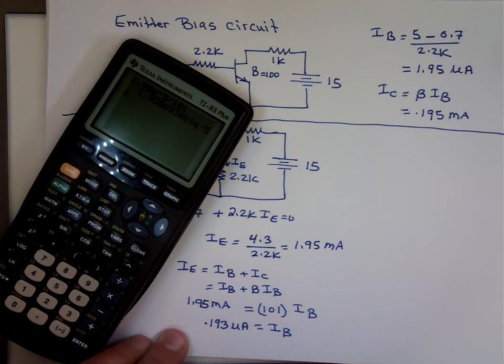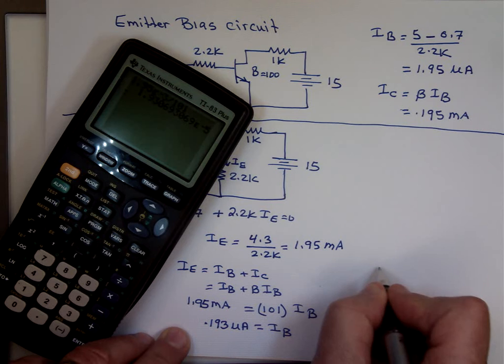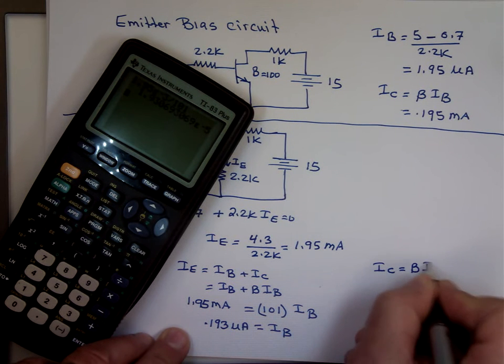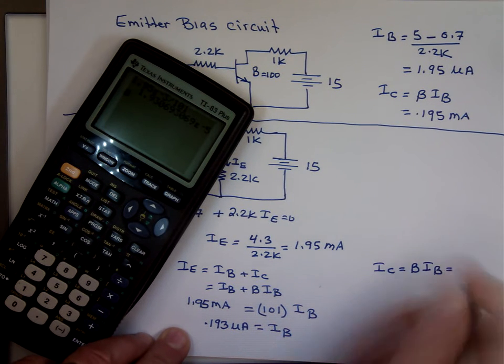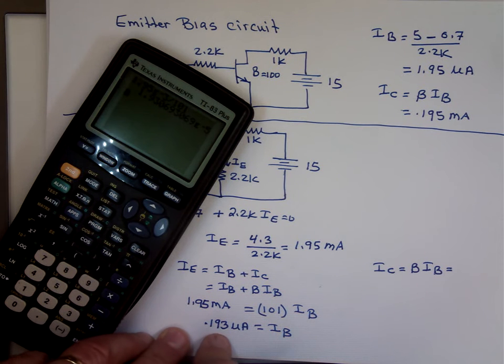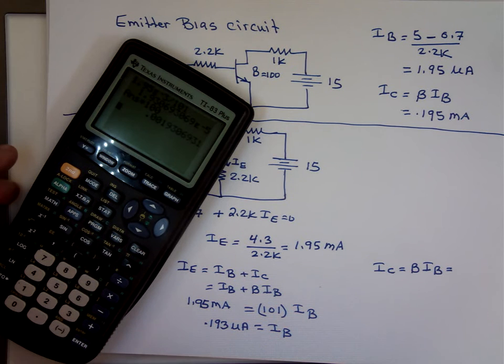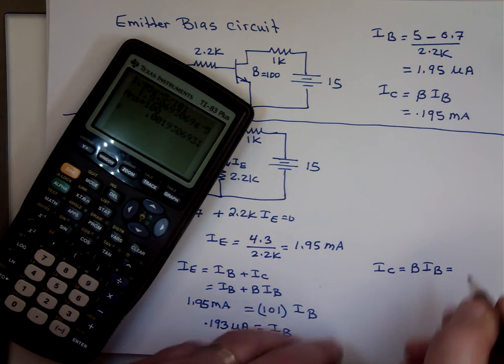Do I know what I sub C is? It's beta times I sub B. Beta is 100. 100 times that number, which is what? Times 100. And that will make it 1.93 milliamp.